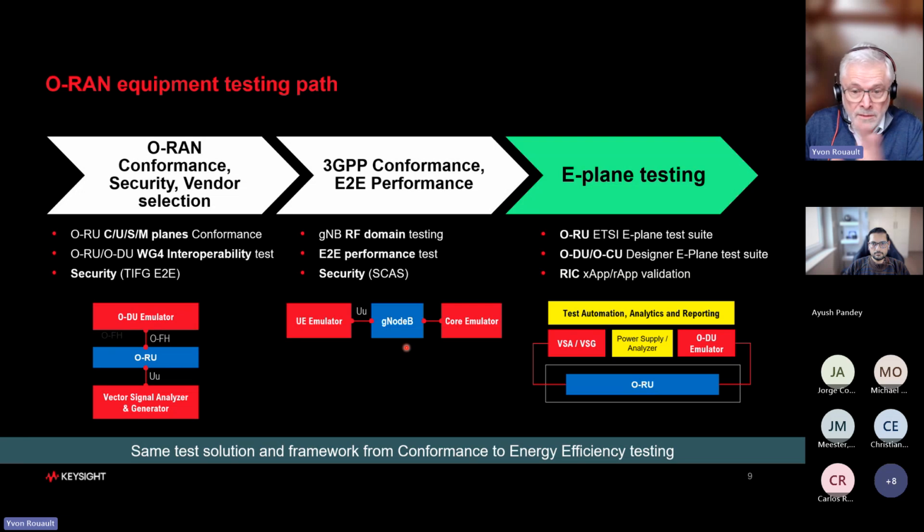After that step, typically there is the overall end-to-end integration and performance testing at the gNodeB level or eNodeB level, where we can also do security tests. So that is very, very well standardized, I would say, as a methodology.